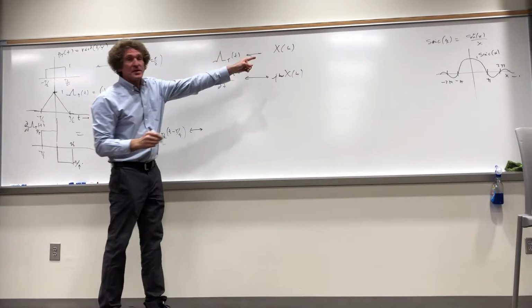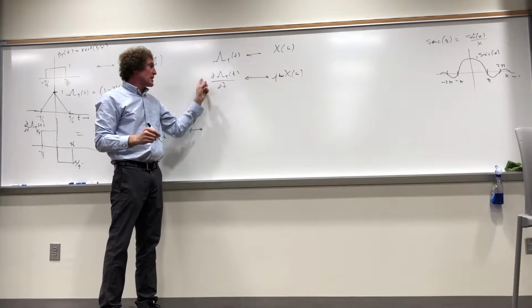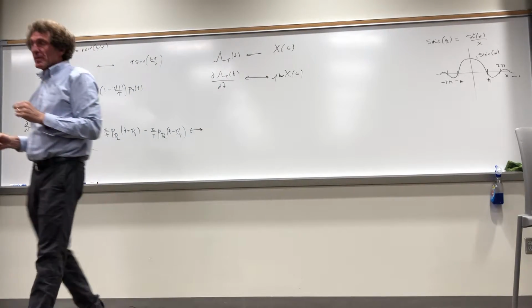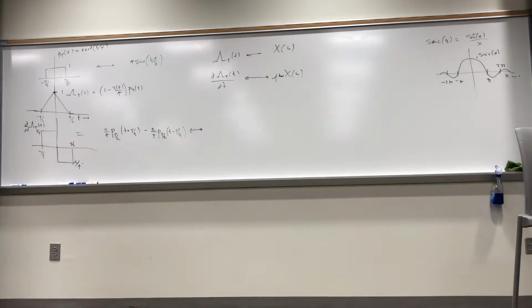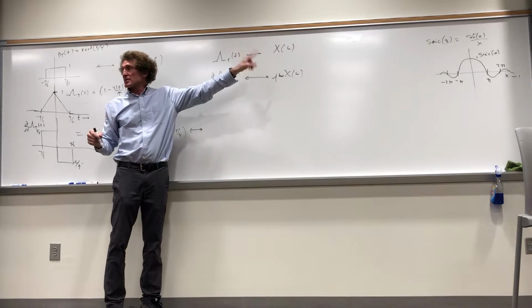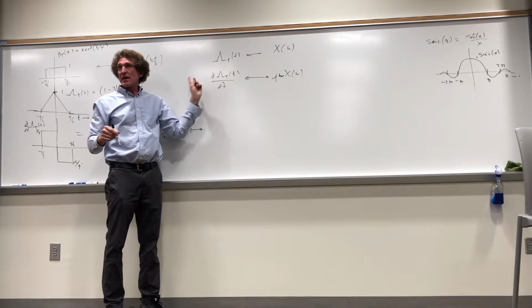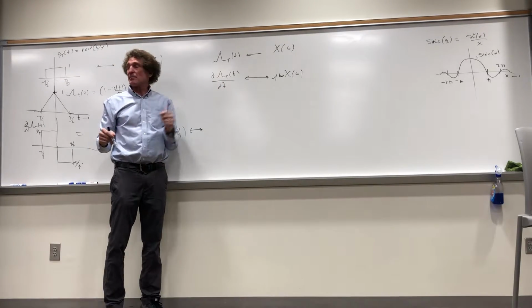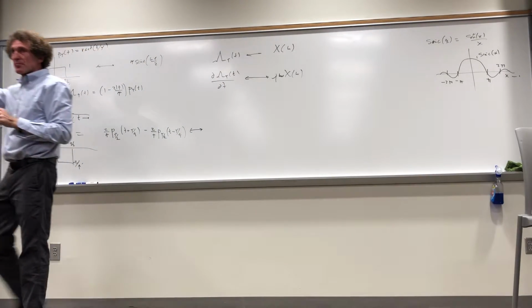Because if this went to X of omega, then the derivative in time of this function would be j omega times X of omega in the Fourier domain. How many understand that? That's a basic property you have to know, right? Yes, sir. Can you repeat that? Sure. If you take a time derivative of any function, assume x of t goes to X of omega, then if you take dx of t, and you want to know what the Fourier transform is, it's just j omega times X of omega. How many remember that property from last time?